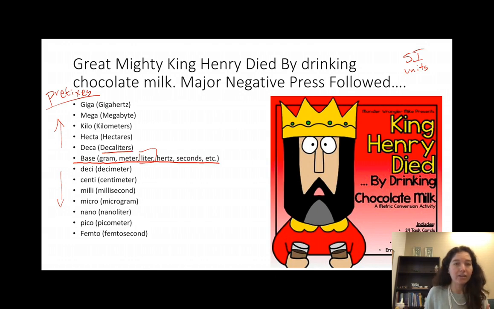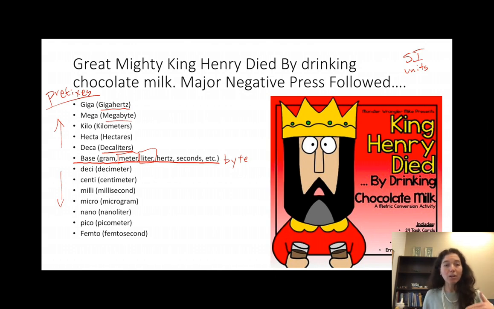We have decaliters, or an example of hecta, if you've ever heard of hectares, if you're measuring land. Kilo, a common one, is kilometers, so that's going to be bigger than a meter. Mega, you might have heard of megabytes, so the base unit for that one is a byte. Hertz, gigahertz, you might have heard of that term before. That one's a really big number as well.